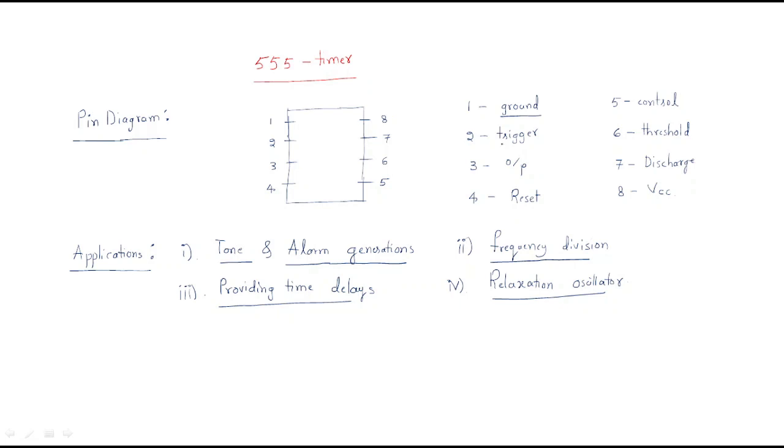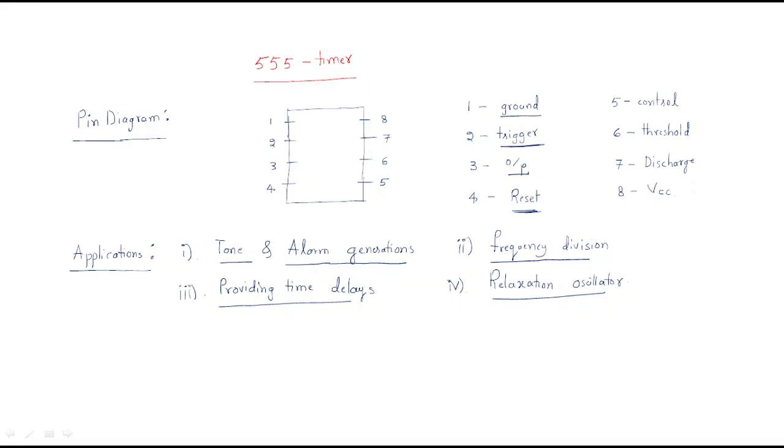The second pin is for trigger. If there are thyristors or BJTs, triggering is given from this pin. Third is the output; we collect the output from this point. Fourth is the reset pin. If you activate the reset pin, the output is almost zero.